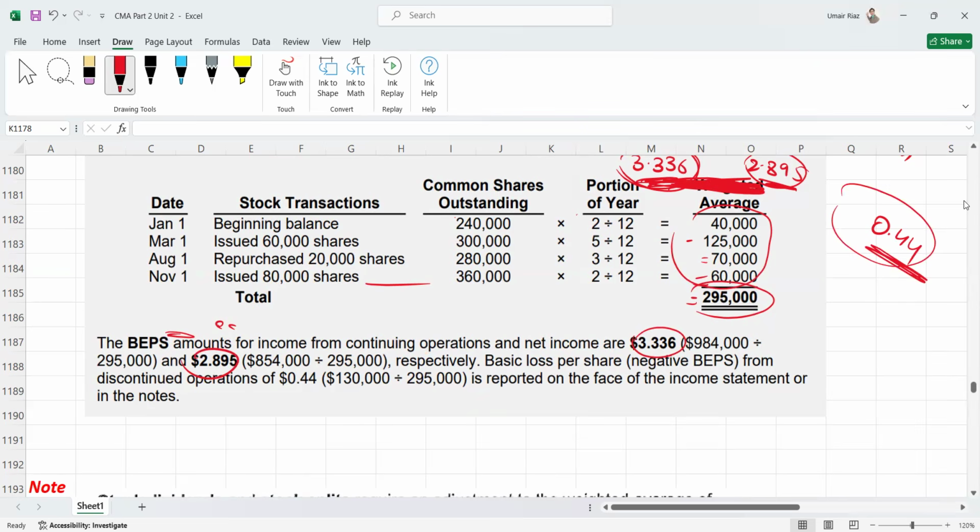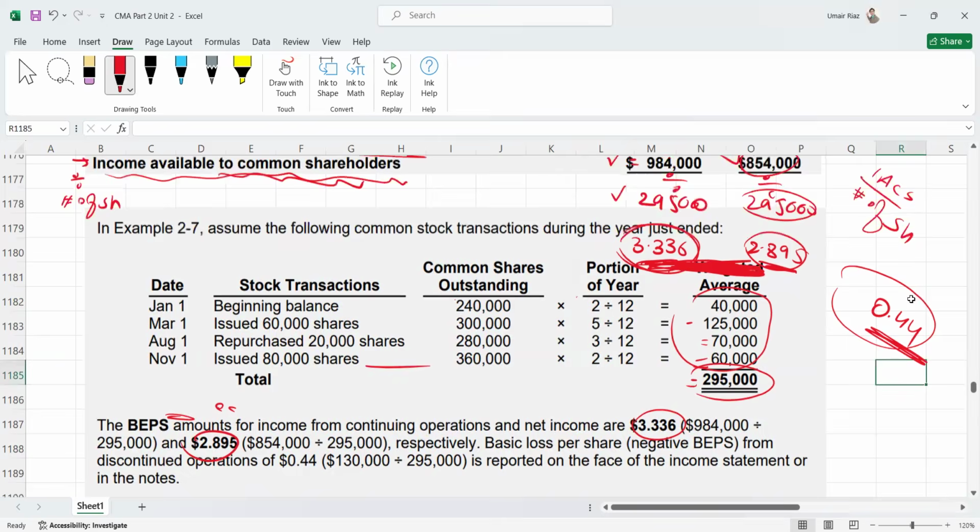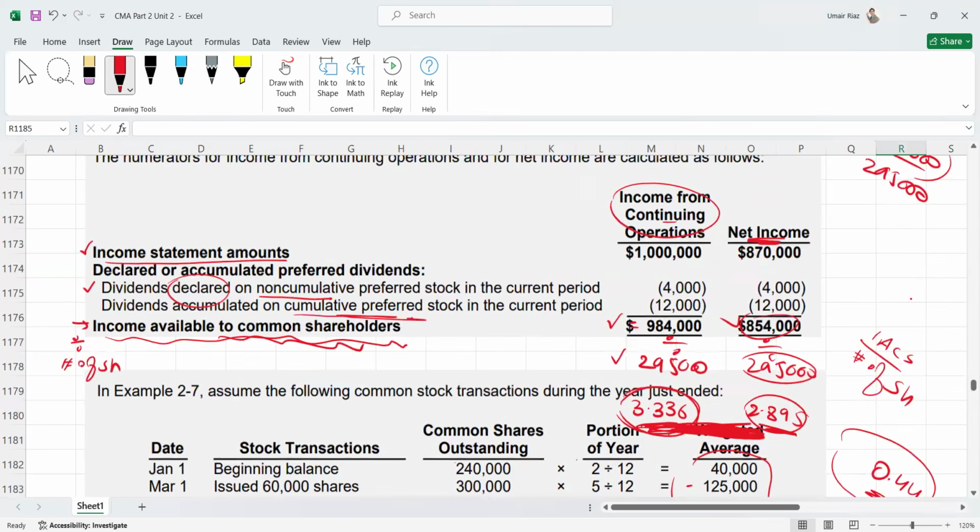Now the question: why do we need these two figures if we have continuing operations and net income? Simply, if you have a discontinued operation, you need to calculate income available to common shareholders from continuing operations and from discontinued operations.